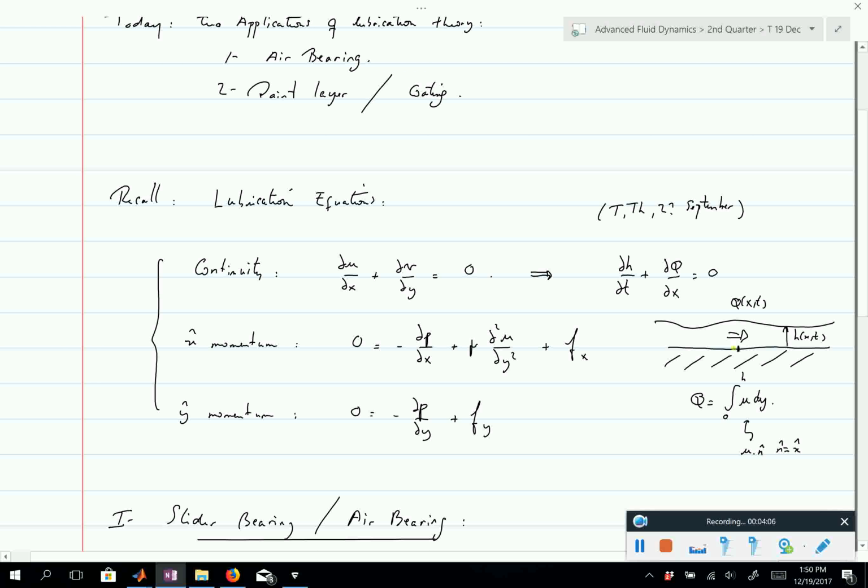Does anyone remember that? Vaguely? Yes? Okay, great. I emphasize that. If you don't remember where it comes from, go back to your notes. We derived that equation in two ways: one with a control volume approach, and the other by directly integrating the continuity equation.